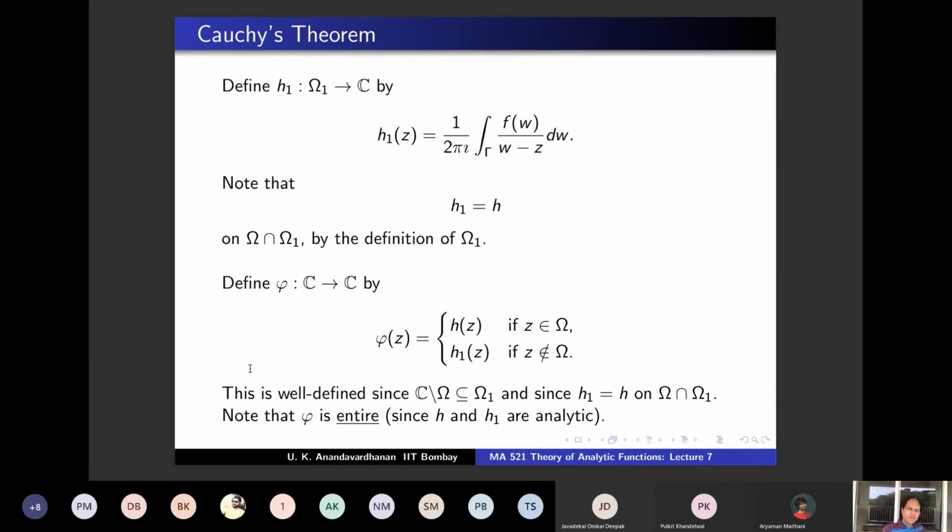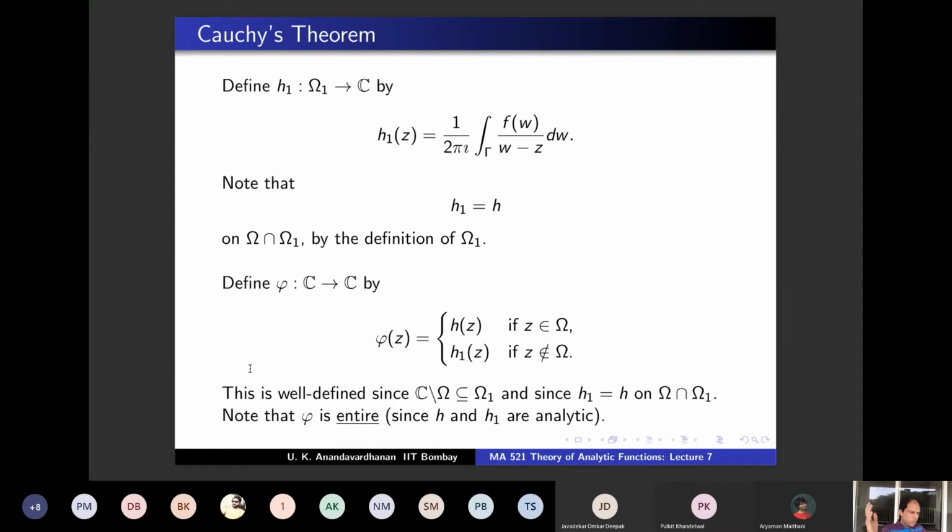So you've got an entire function. Now I'm going to claim that it is bounded. In order to show that a continuous function is bounded, one way is, if we know that the limit as z going to infinity of phi of z is 0, then of course phi is bounded, right? Because phi is continuous.